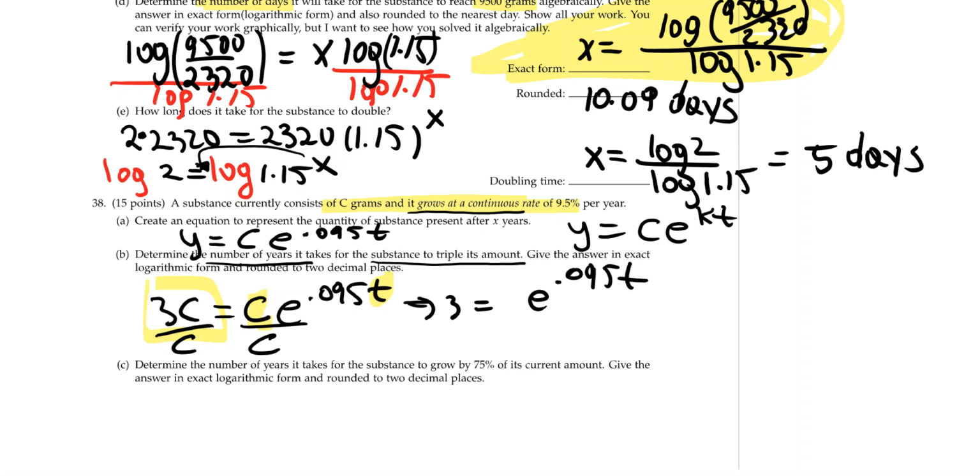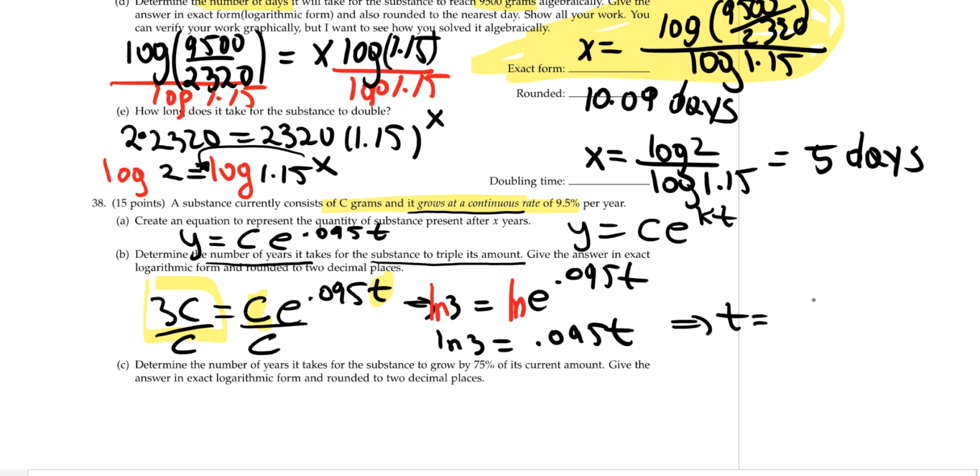Then I take ln of both sides, and I get ln of 3 equals 0.095t. If I divide both sides by 0.095, I get that time equals ln of 3 over 0.095.